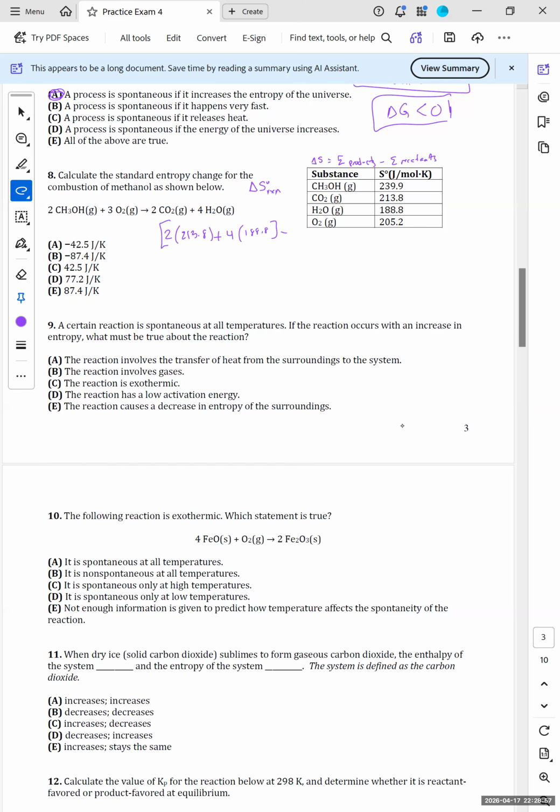Put those in brackets and we're going to subtract it from 2 of our 239.9 plus 3 of our O2, 205.2. All right, when you do that math, you should come up with something very close to 87.4. So the answer is E.